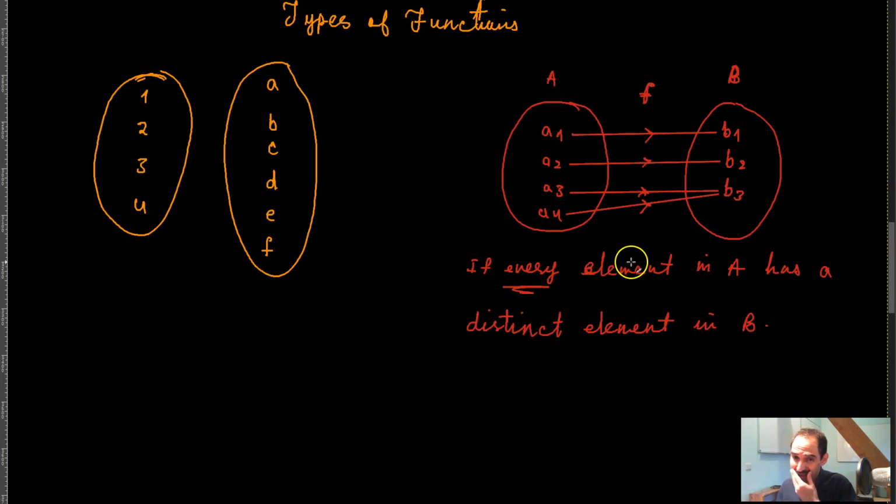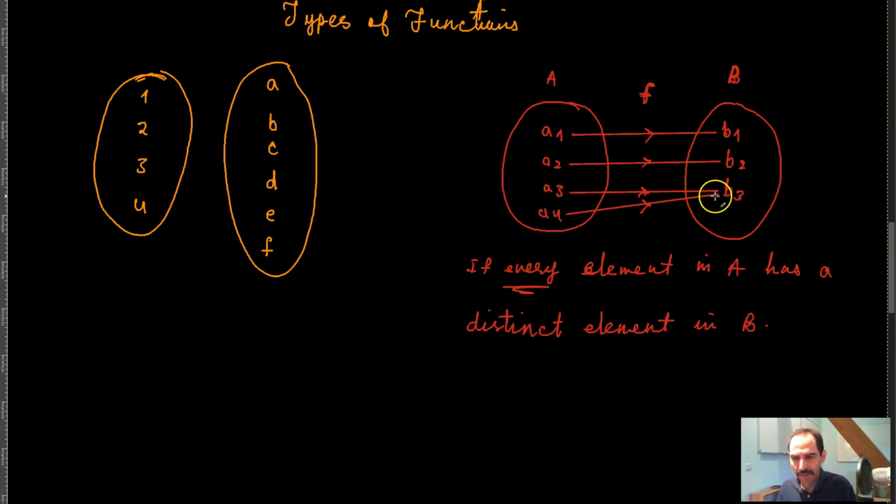What that means is that, first of all, every element in A has been mapped to something, and every element in A has an element in B, meaning that you can say that the image of A1 is B1, the image of A2 is B2, the image of A3 is B3, the image of A4 is B3.